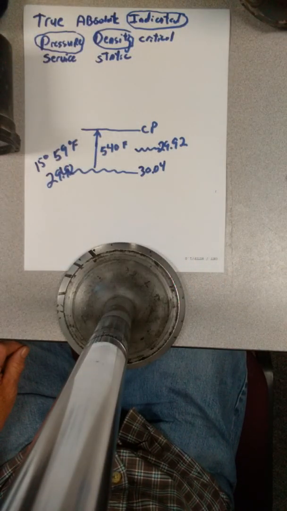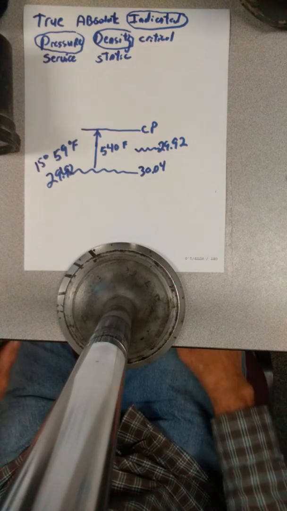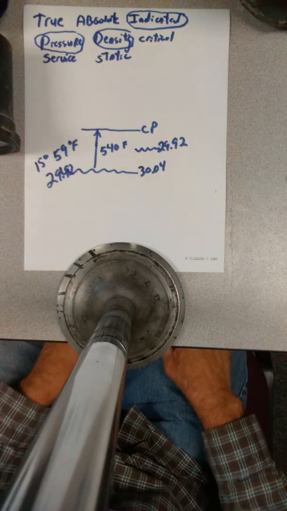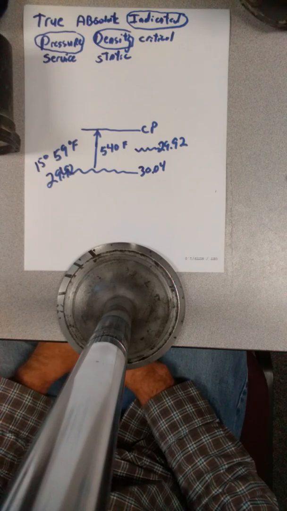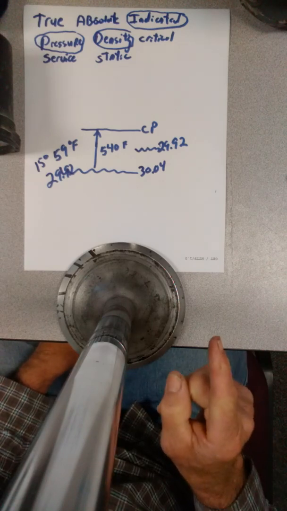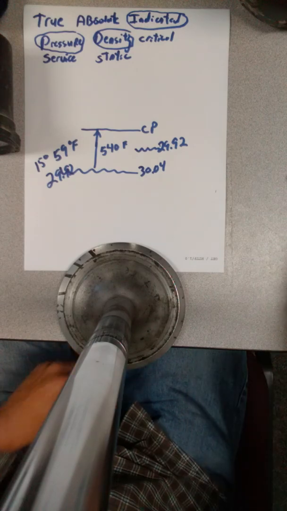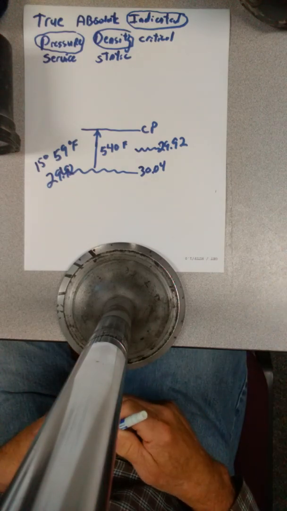Sometimes, though, in your maintenance manual, there'll also be some charts for coming up with your density altitude. So density altitude is your pressure altitude with temperature factored in.